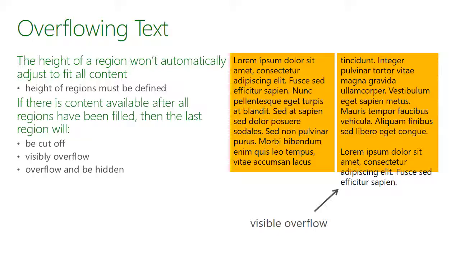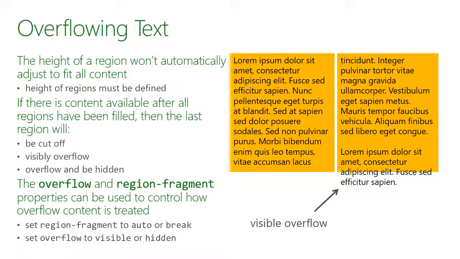You can see an example of visible overflow on the right hand side. The overflow and region fragment properties can be used to control how overflow content is treated. You can set region fragment to auto or break. You can set overflow to visible or hidden.